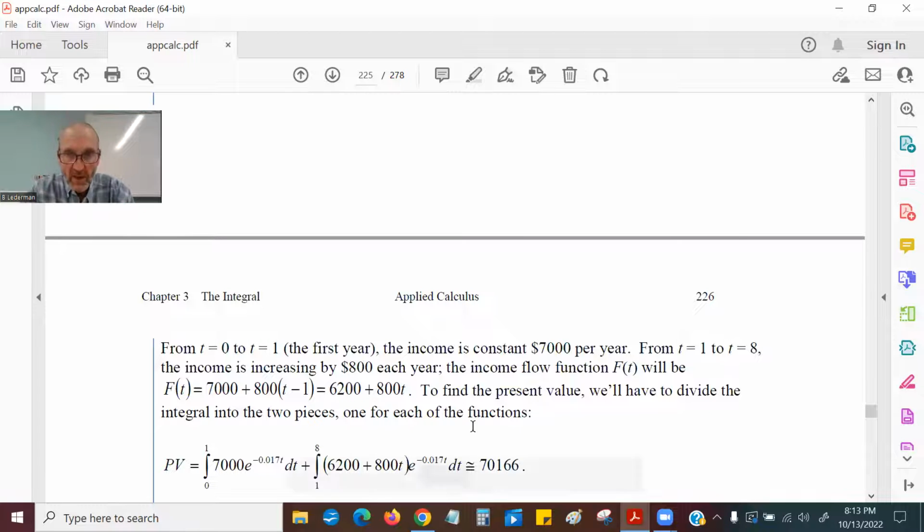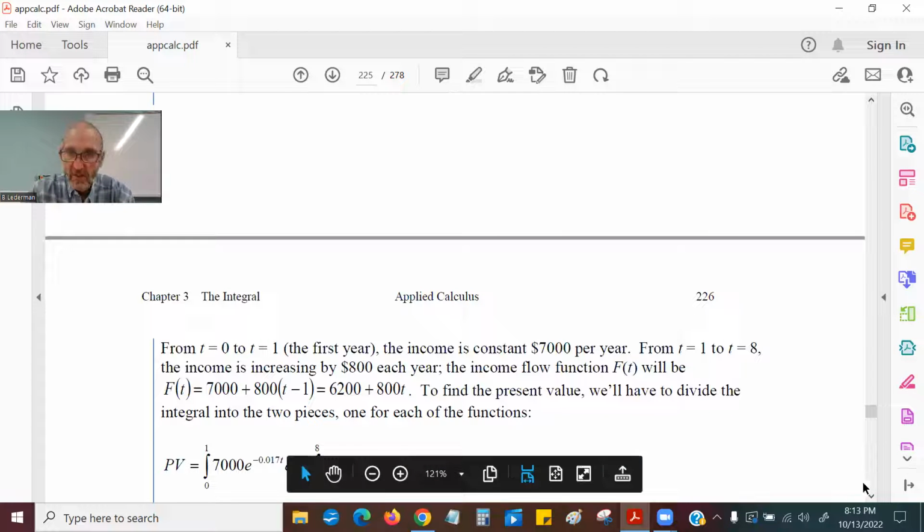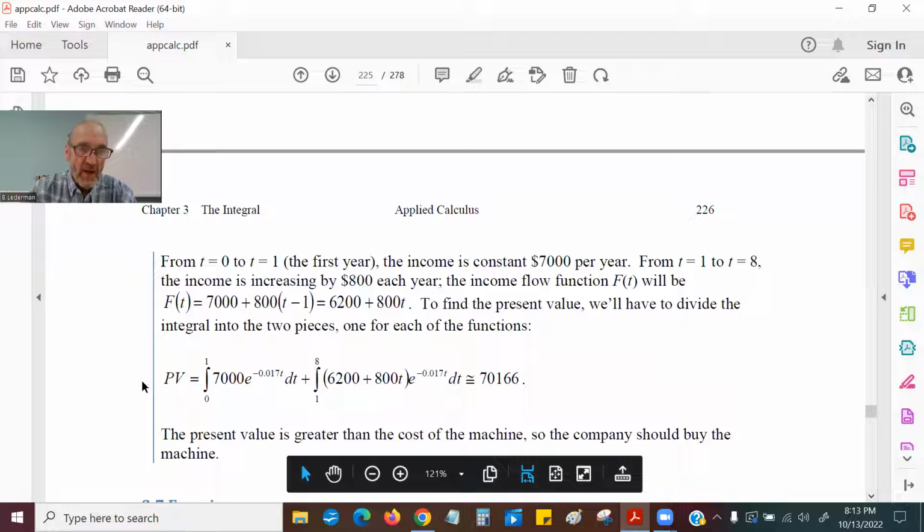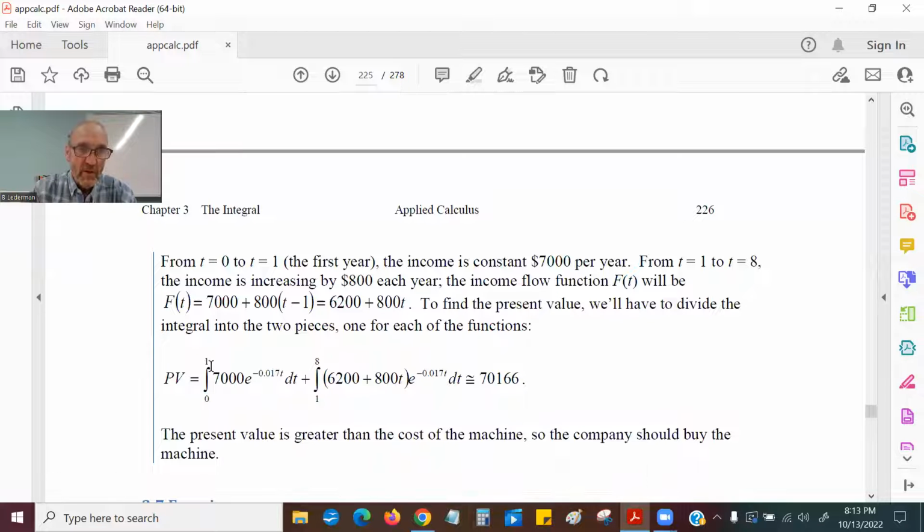Okay. Now to find the present value, we're going to have to divide the integral into two pieces, one for each of the functions. So the present value is going to be the integral from 0 to 1 of that base 7,000 times e to the negative 0.017t. Now, where did that 0.017 come from?